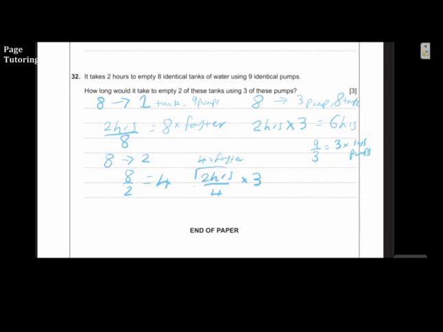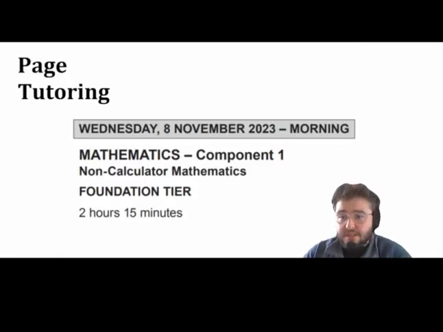So if we multiply all of this together, so it's 4 times faster because of the tanks, but then it's also 3 times longer on top of that because of the pumps, we get 3 over 4 of 2 hours, so 3/4 of 2 hours, which is 1.5 hours.